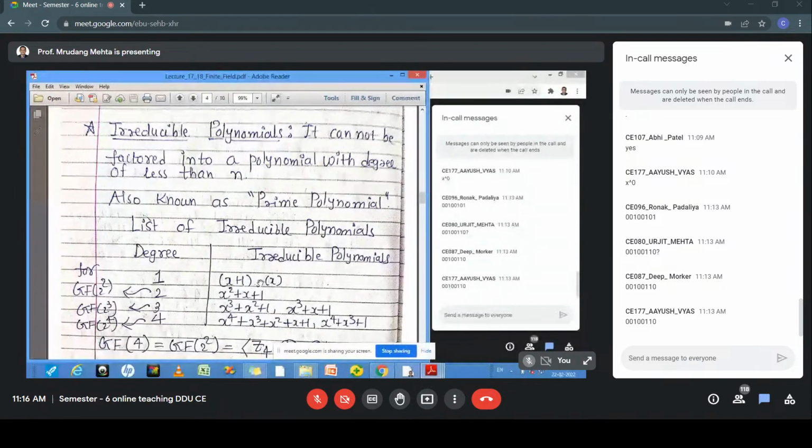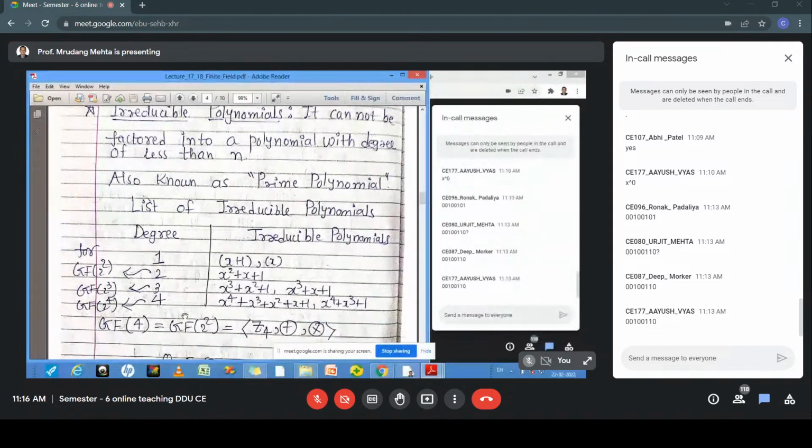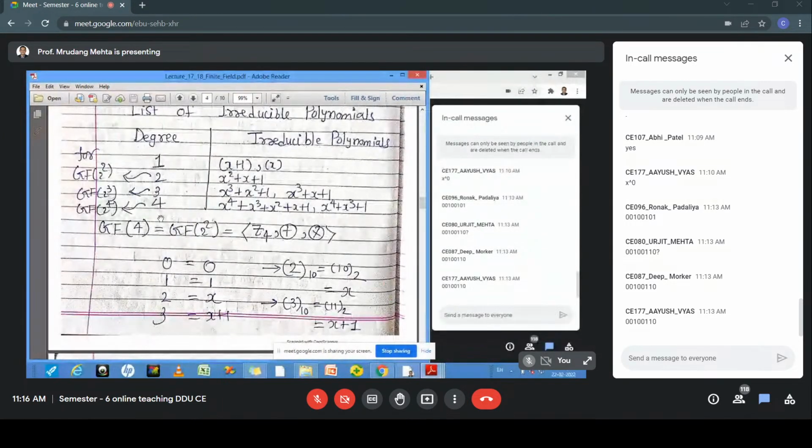Okay, so the list of irreducible polynomials is given in this table. You can see in this table that for degree 1, 2, 3, and 4, these irreducible polynomials are represented as a Galois field, because if you see GF(2) raised to 0, that is 1. For that, the irreducible polynomials are x plus 1 and x.